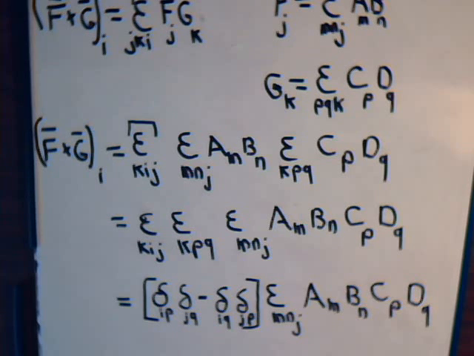Now, first off, let's see what effect this has on this. So here, step number one, we have this pair of Kronecker delta symbols, and right now we're going to consider the effect on this.